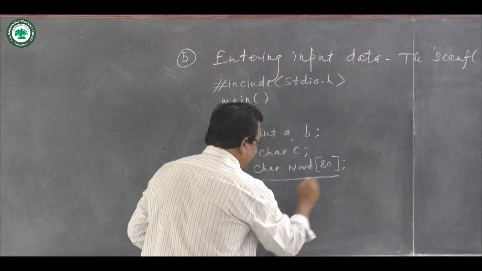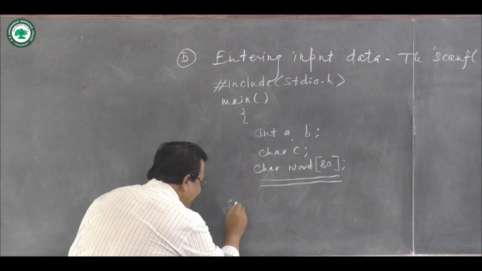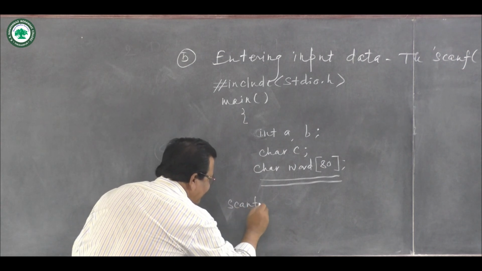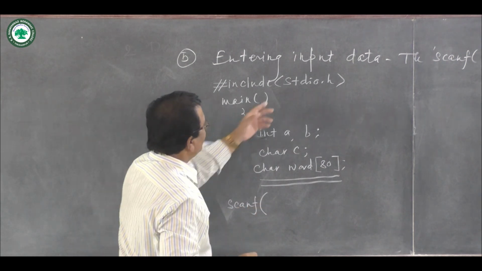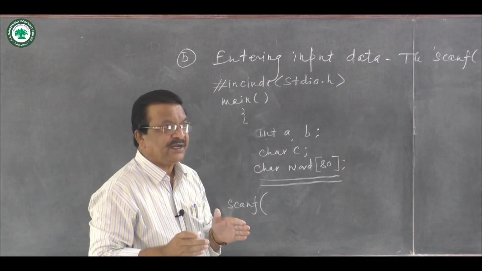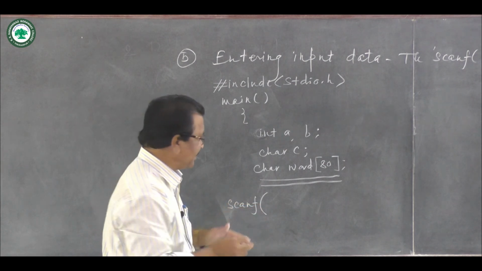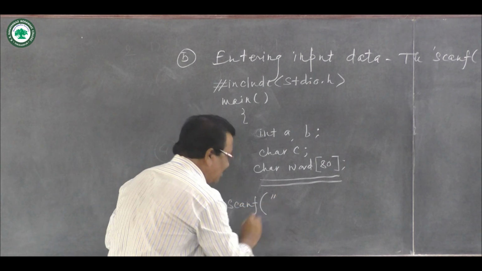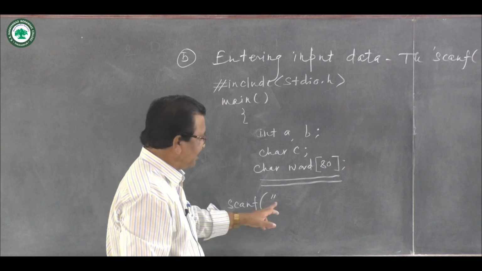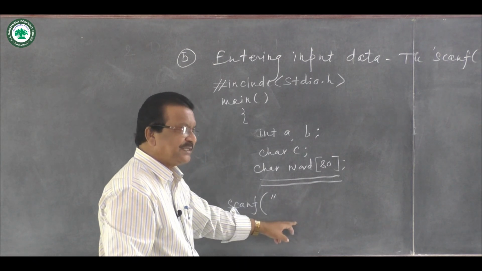Then a few C statements are there, and here I am making use of the scanf function. The control string is written within double quotes. There are character groups commonly separated by blank spaces.